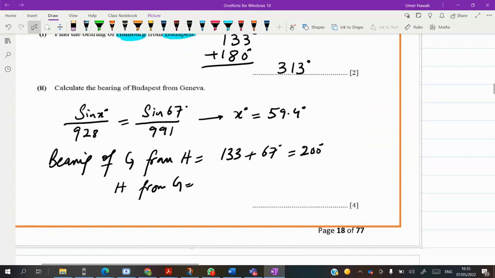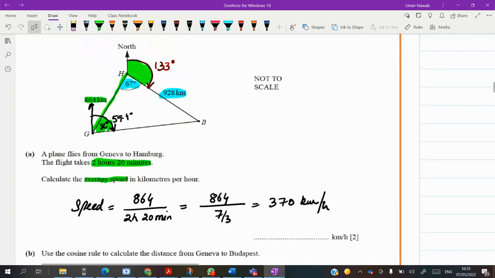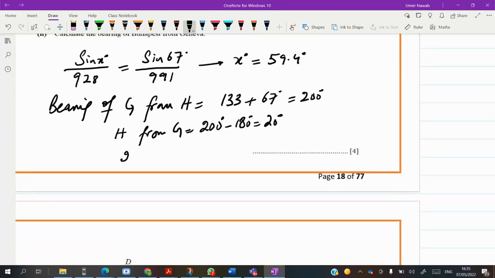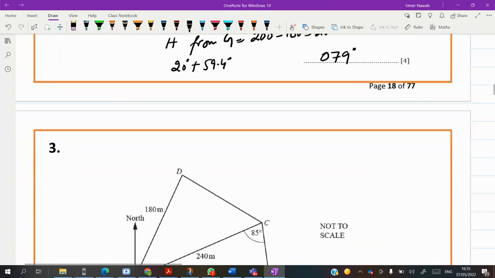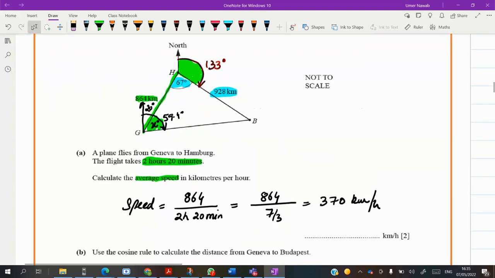And now once I get it, I need to get the back bearing. 200 minus 180 is 20 degrees. So this angle is 20 degrees. Now add them up together. 20 plus 59.4 is again 79 degrees. So any method you can choose to find the bearing of G from H.